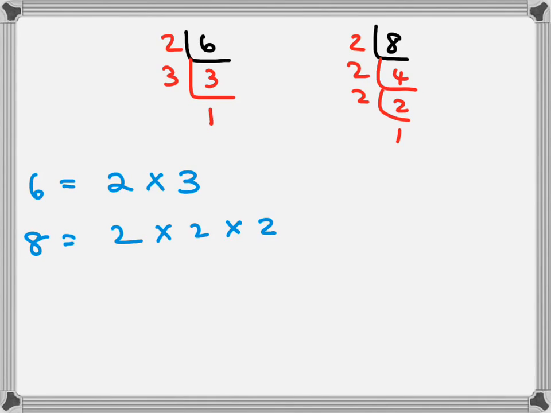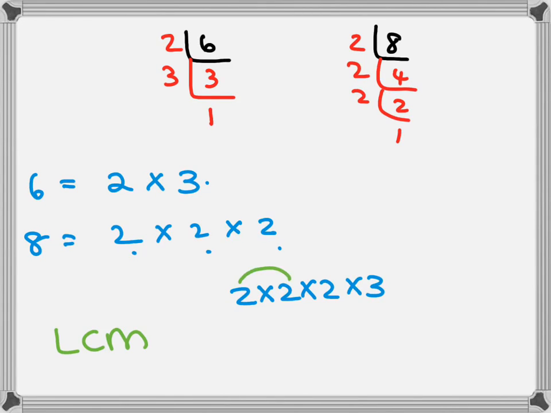We're going to quickly now work out who's got the most 2s. 8 has, so we're going to write 2 times 2 times 2. And who's got the most 3s? 6 has, times 3. So our lowest common multiple is 2 times 2, which is 4, times 2, which is 8, times 3, which is equal to 24.